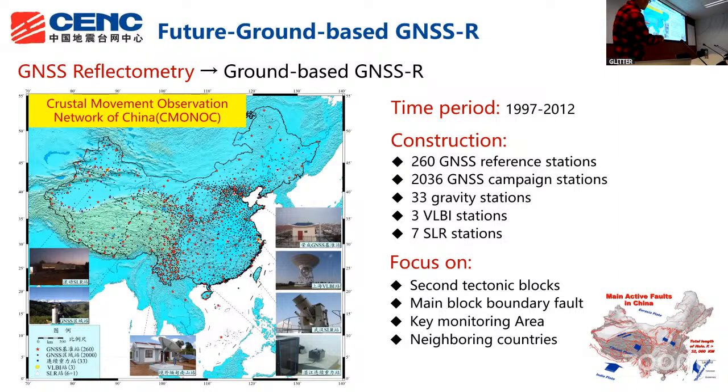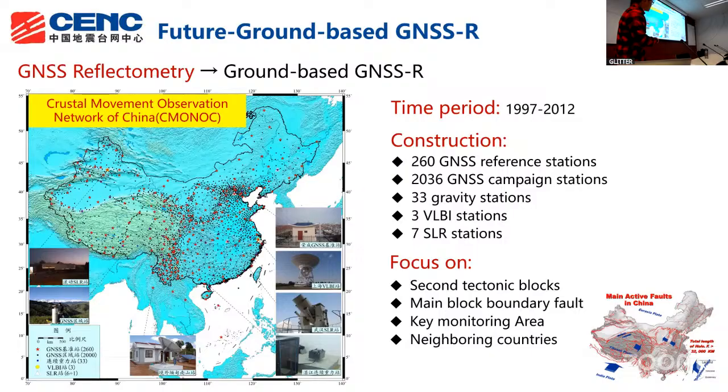From 1997 to 2012, it built around the whole China mainland about 260 GNSS reference stations, and also more than 2,000 GNSS campaign stations, and also gravity stations, VLBI stations, and SLR stations.